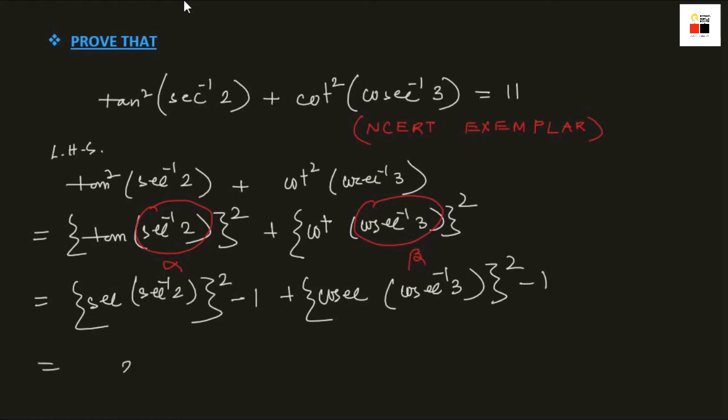This is equals to 2 square plus 3 square minus 2. This is equals to 4 plus 9 minus 2. This is equals to 11 equals to RHS. Proved.